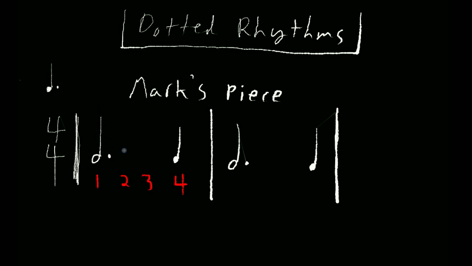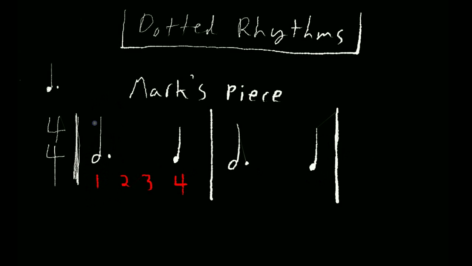What's it sound like? And they say, well, it's got a lot of dotted rhythms in it. That's what it sounds like. And they would be right in this case. It's actually all dotted rhythms. That's all we've got. And we're just going to keep repeating this a couple of times.